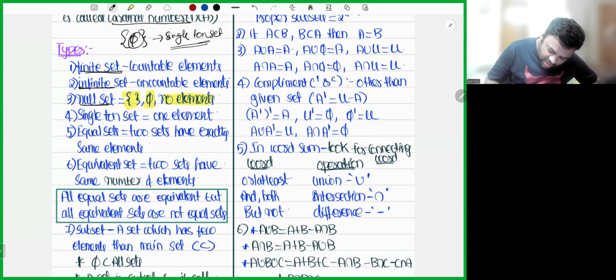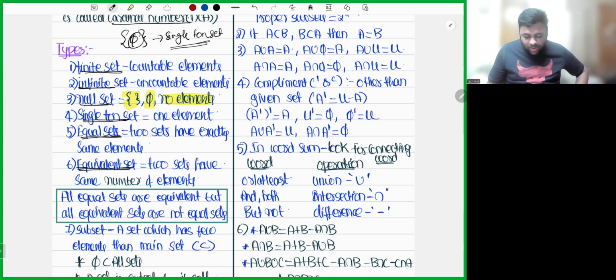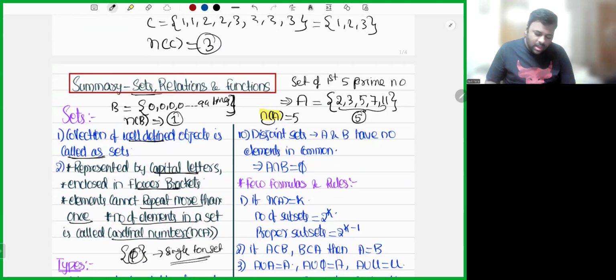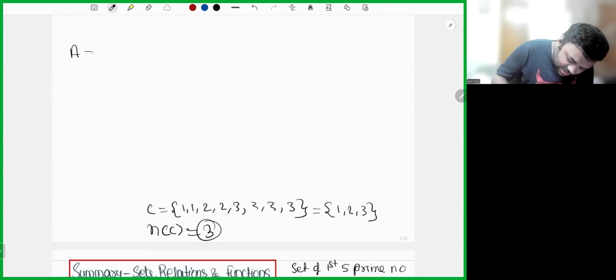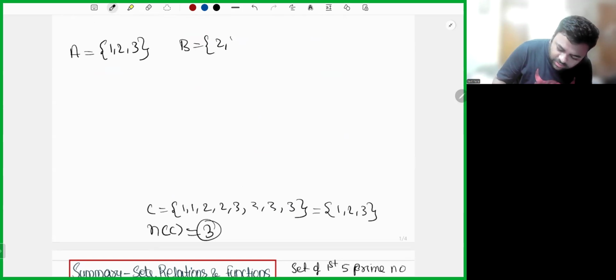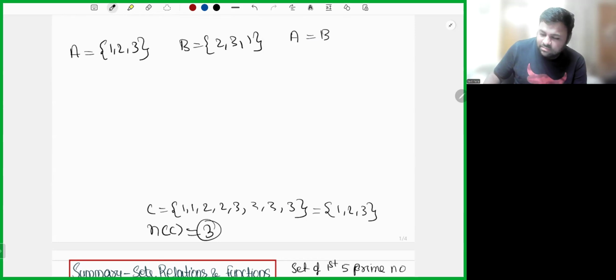Next, equal sets. If two sets have the same elements, it's an equal set. If two sets have the same number of elements, they are equivalent sets. Like I'm having set A equal to 1, 2, 3, and set B equal to 2, 3, 1. Can you see the number of elements in A and B are exactly the same?